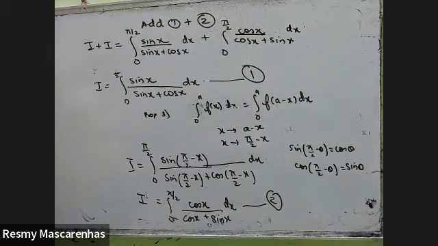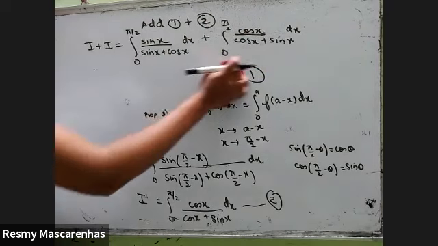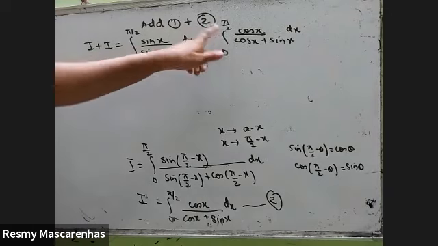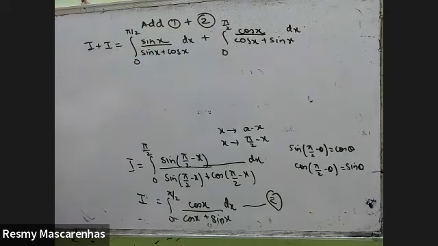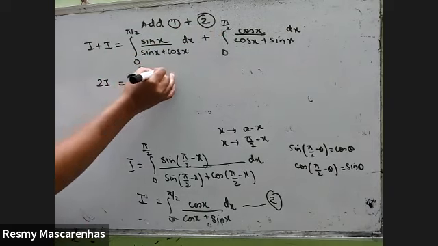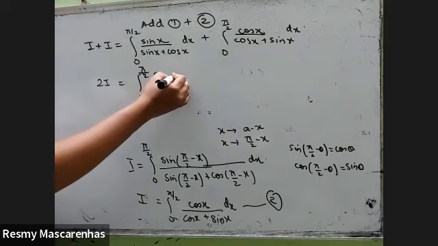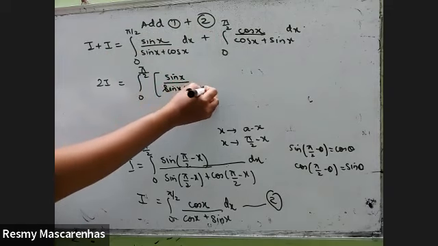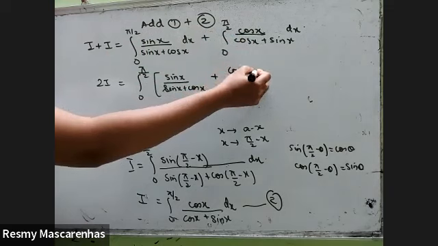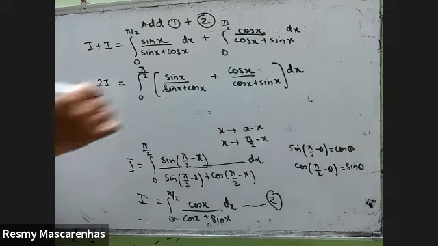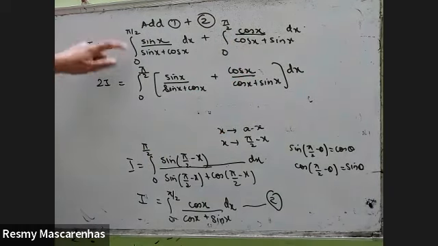I will add equations 1 and 2. If you see, both have the same integral sign, so I can take the integral common. This is anyway 2I. I'm just taking the integral out common. So what remains is sin x, cos x. I made the integral common because the limits are also the same.